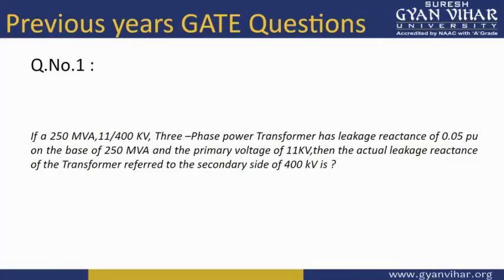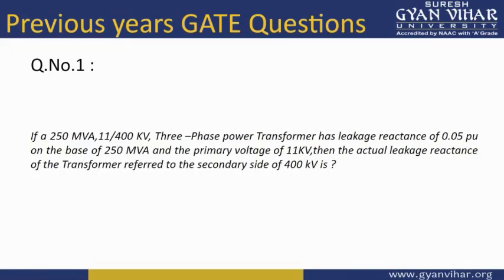Now the question is like this: if a 250 MVA, 11 by 400 kV three-phase power transformer has a leakage reactance of 0.02 per unit on the base of 250 MVA and the primary voltage of 11 kV, then what would be the actual leakage reactance of the transformer referred to the secondary side of 400 kV?